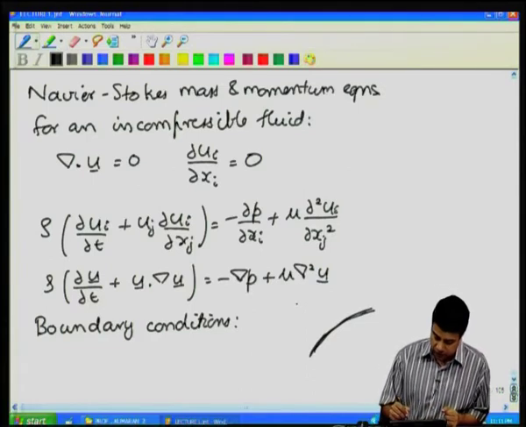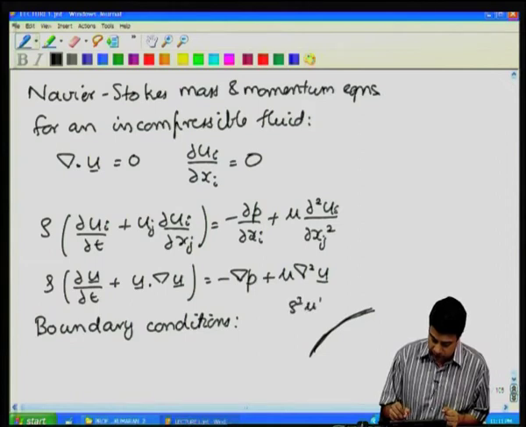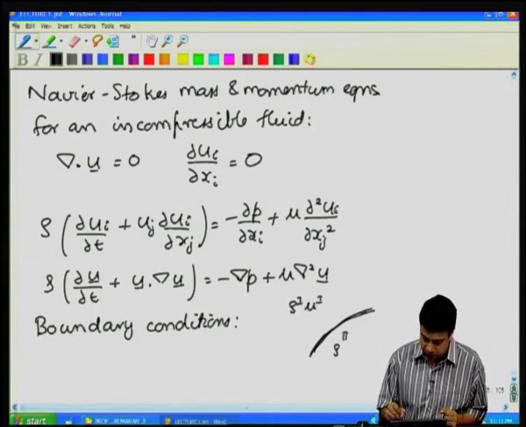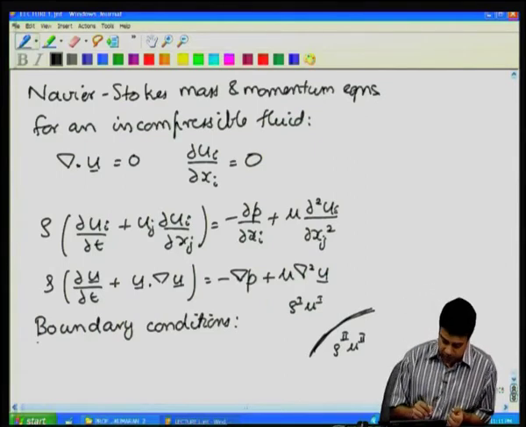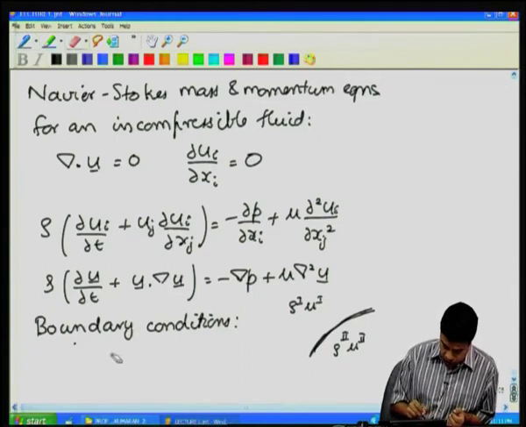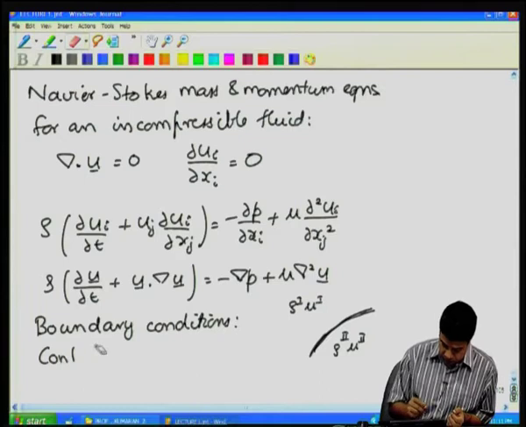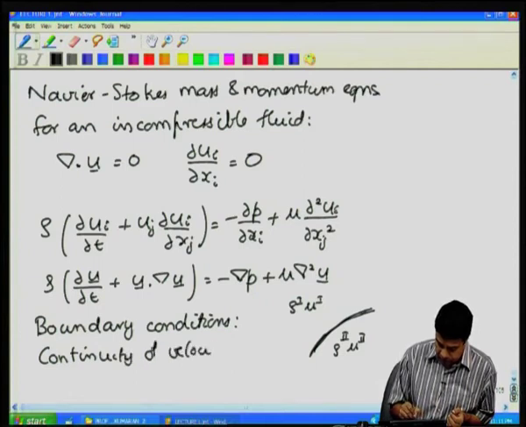Let us say I have fluid 1 with density rho 1, viscosity mu 1, and rho 2, mu 2. At the interface itself, you require that there should be continuity of velocity and stress.